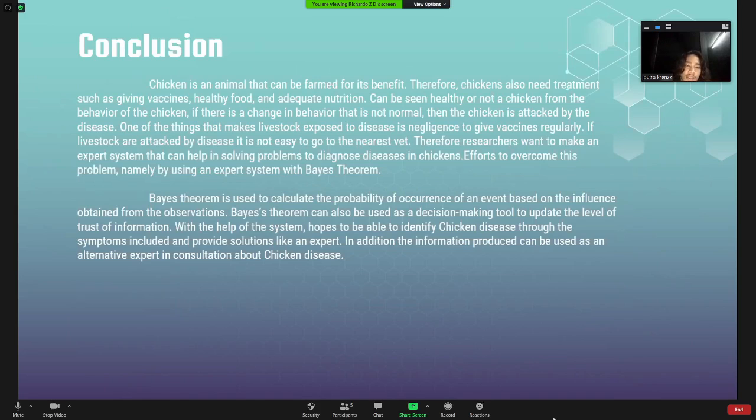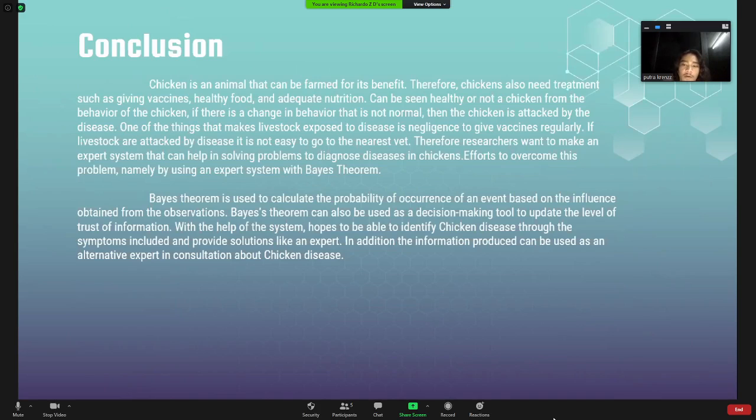One of the things that makes livestock exposed to disease is negligence in giving vaccines regularly. If livestock are attacked by disease, it is not easy to treat. Therefore, researchers want to make an expert system that can help in solving problems to diagnose diseases in chickens.